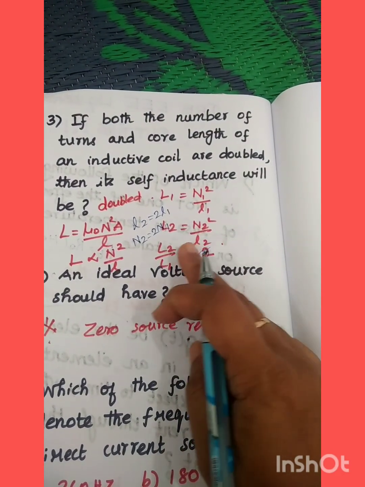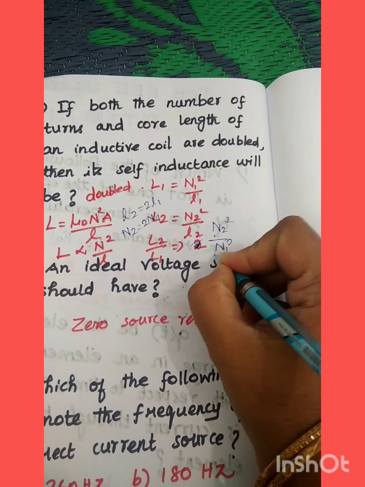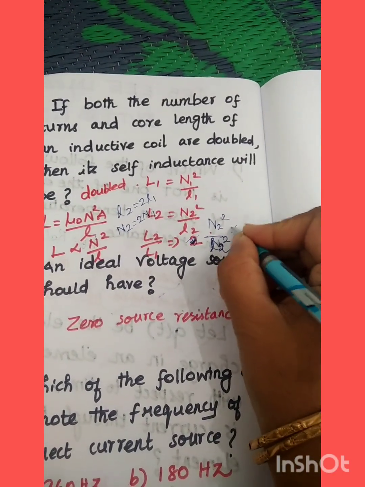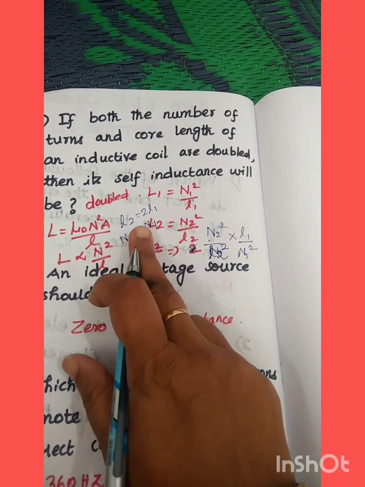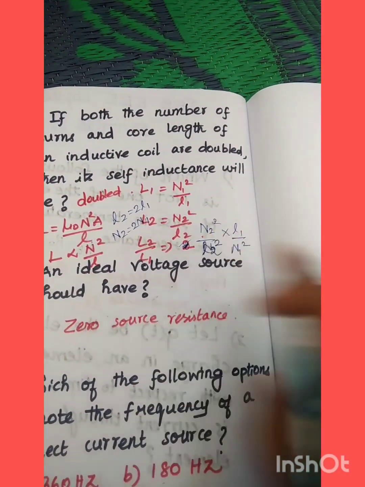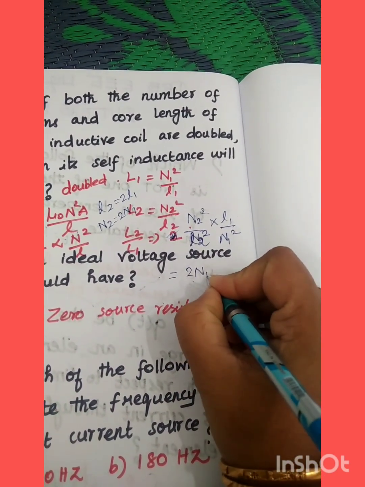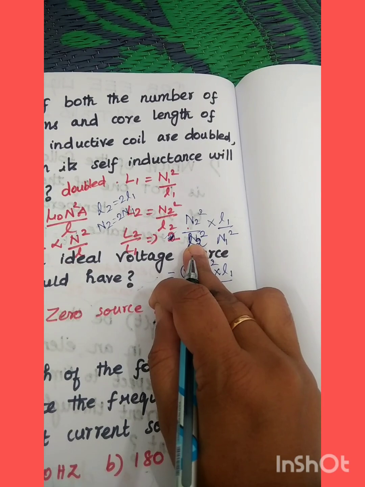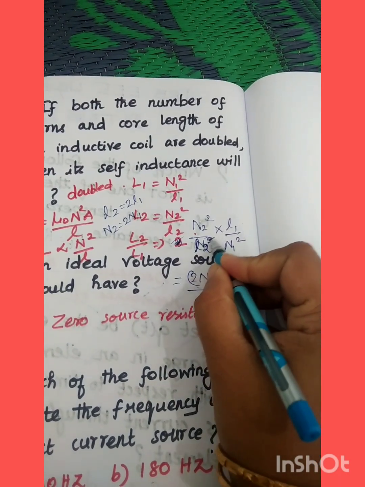Let us take the ratio L2 / L1, which becomes (N2² / l2) × (l1 / N1²). According to the given condition, substitute l2 as twice l1 and N2 as twice N1. So we get (2 N1)² × l1 divided by (2 l1) × N1².